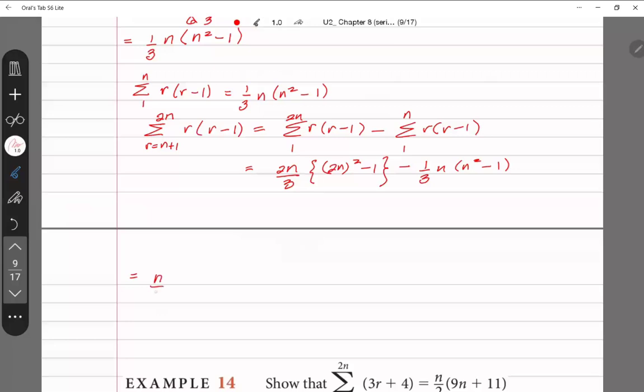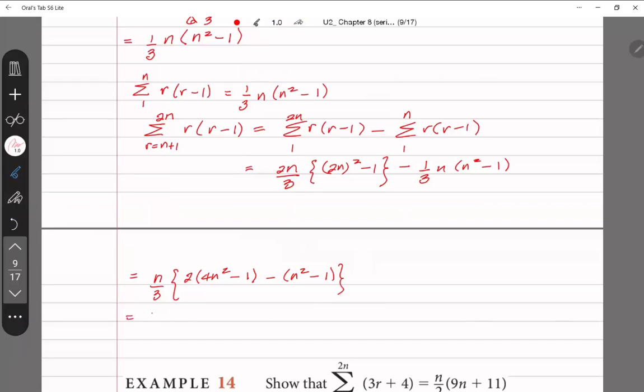So it's n over 3, and in bracket, I have 2 into 2n squared, which is 4n squared minus 1. And then over here, minus n squared minus 1.